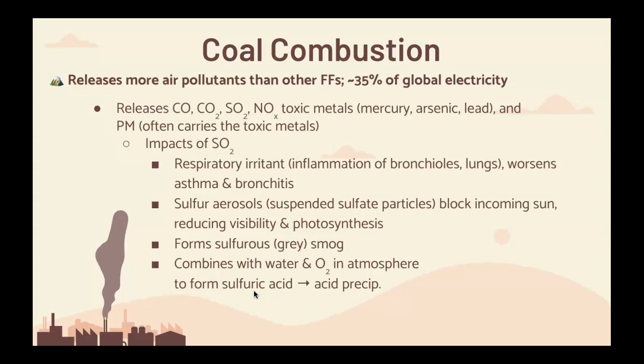Sulfur dioxide is not an ingredient in photochemical smog, but it can form this London type fog. And then when it combines with water and oxygen in the atmosphere, it can form sulfuric acid, which in turn leads to acid rain or acid snow, acid precipitation of any kind.